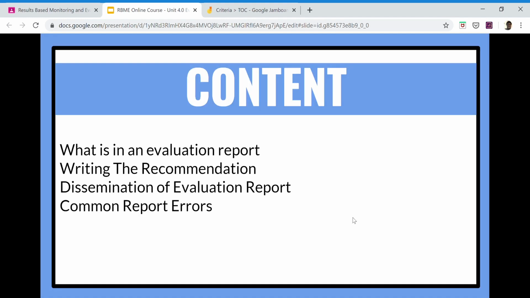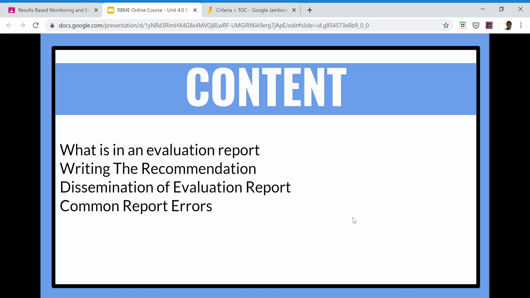So, in this unit, I will be discussing what an evaluation report really is, what the components of an evaluation report are, and also writing a recommendation. So why recommendation? Why are we focusing on recommendation? It's one of the two important aspects of an evaluation report.